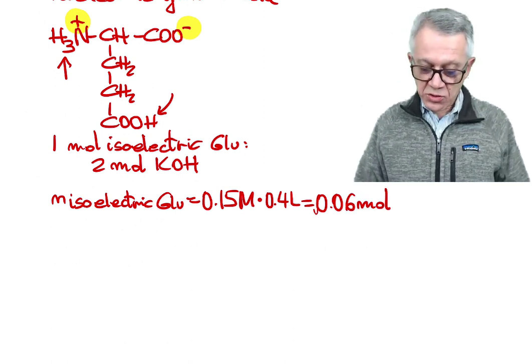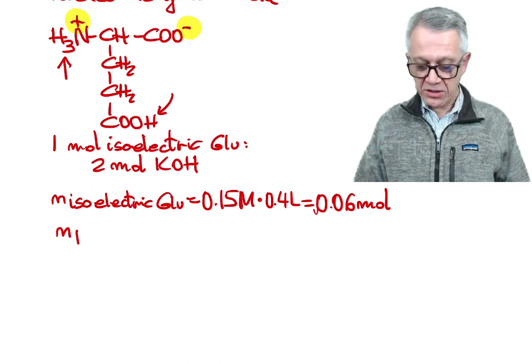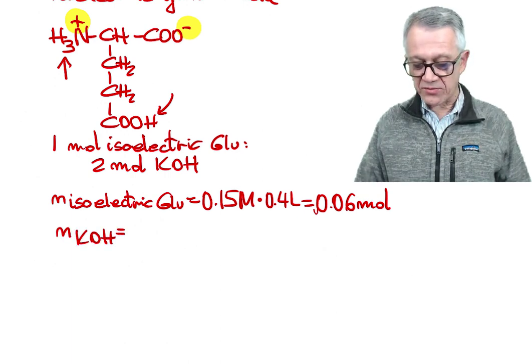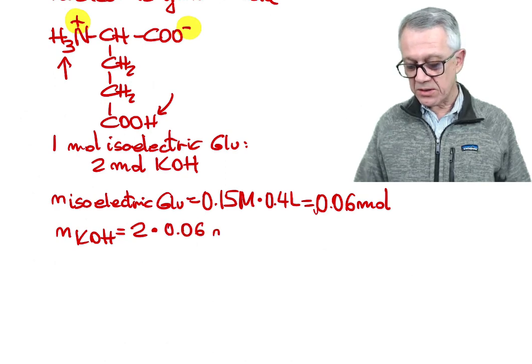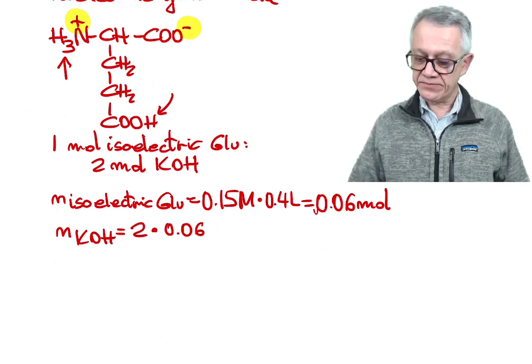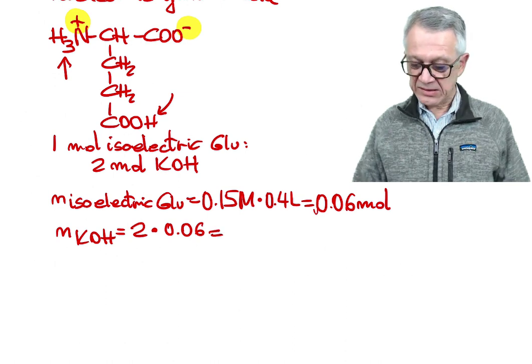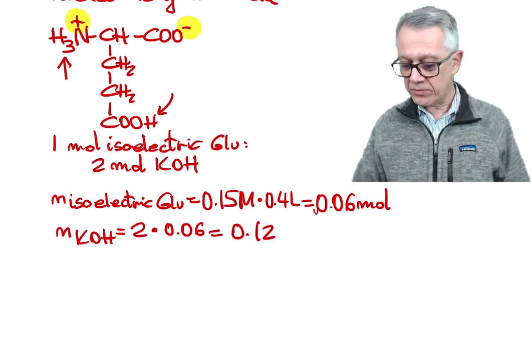Right? So in that case, we know that we need for KOH twice as much of that, so 2 times 0.06, which is going to give us 0.12 mole of KOH.